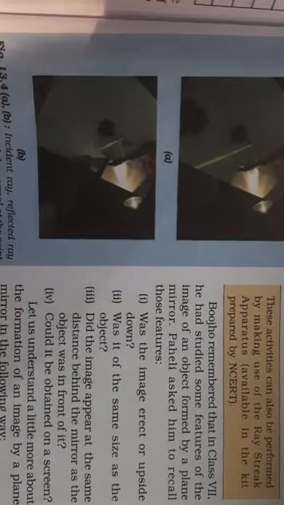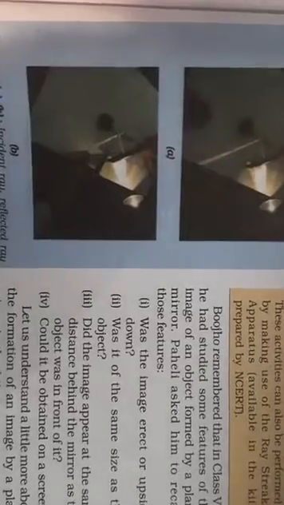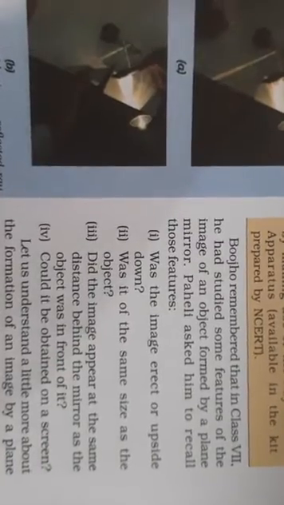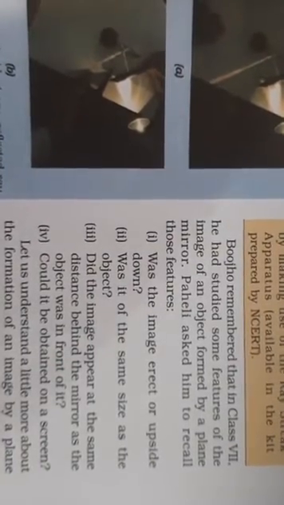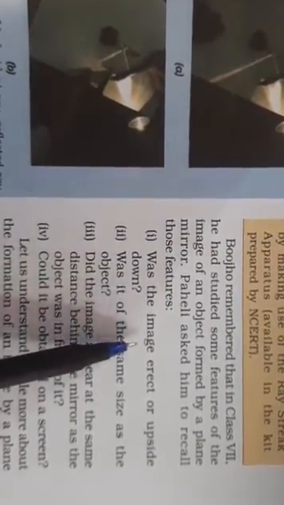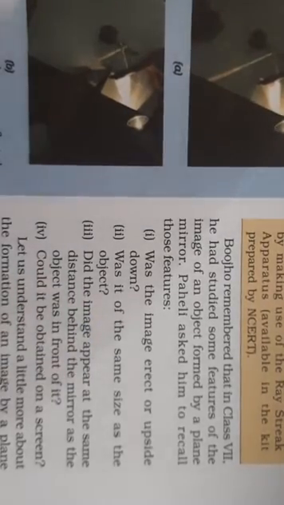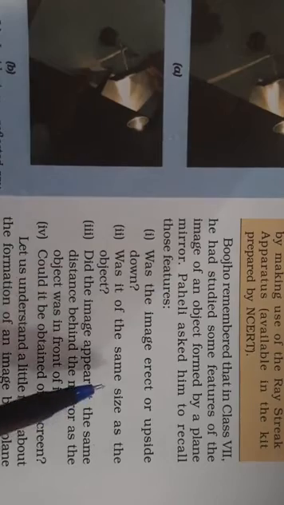You all stand daily in front of the mirror, so you are quite aware of this. What do you see when you stand in front of the mirror? Your image is erect and it is of the same size.